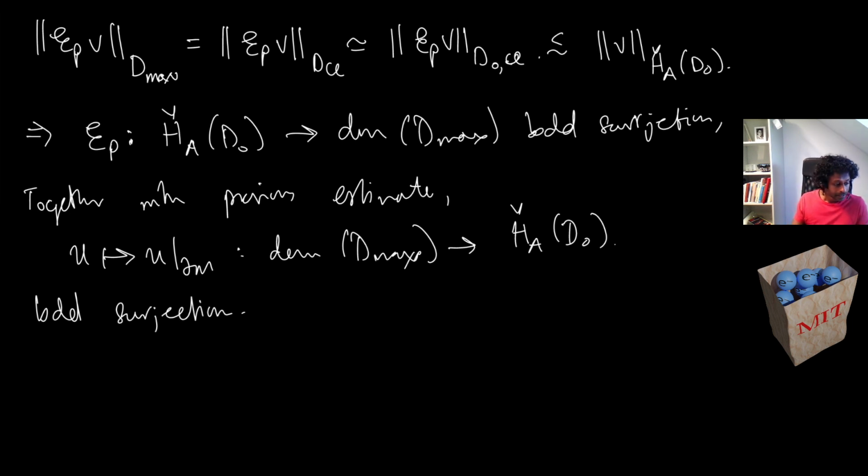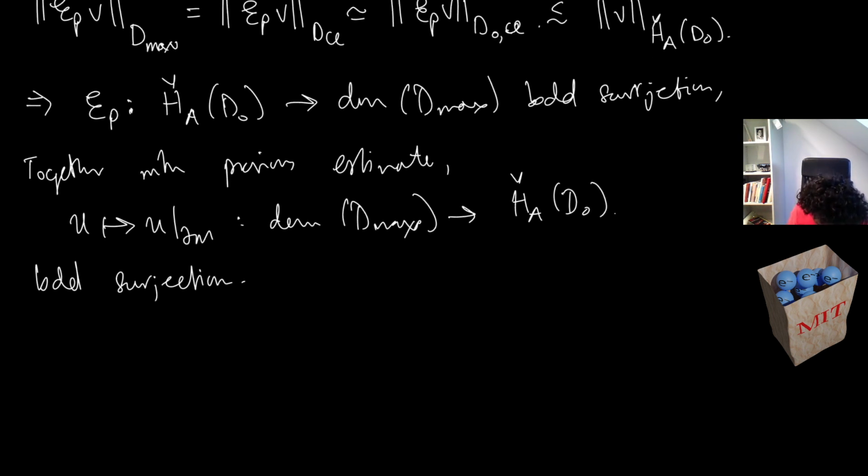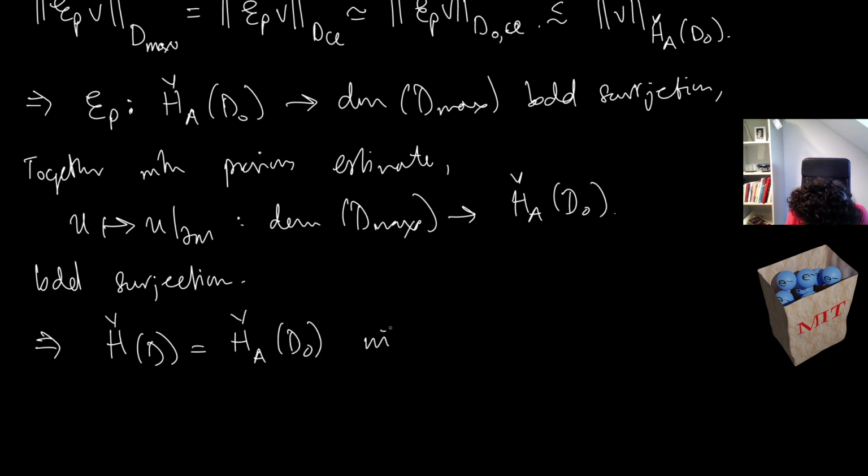Okay, so of course we don't need to check anything about the kernels. We already know that, so that tells us that H check of D is equal to H check A of D naught with comparable norms.